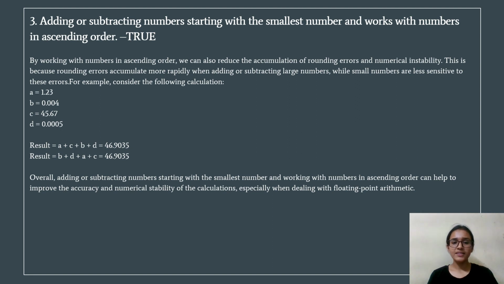So by working with numbers in ascending order, we can reduce the accumulation of rounding errors and numerical instability. As in the example we have taken, adding small numbers first reduces the impact of rounding errors and improves the accuracy of the result. So this statement is true.